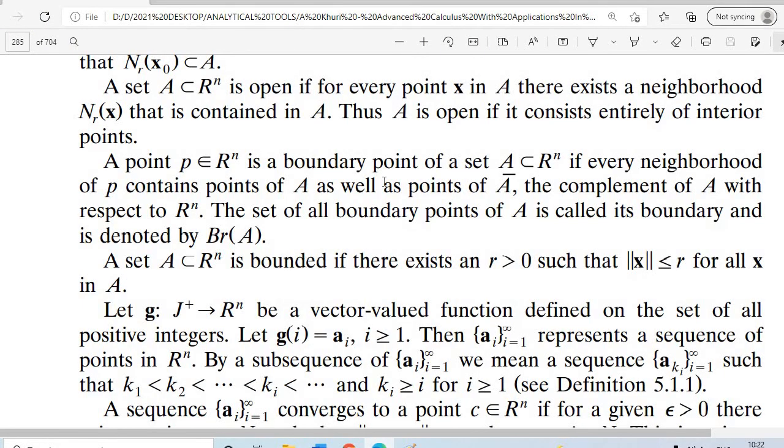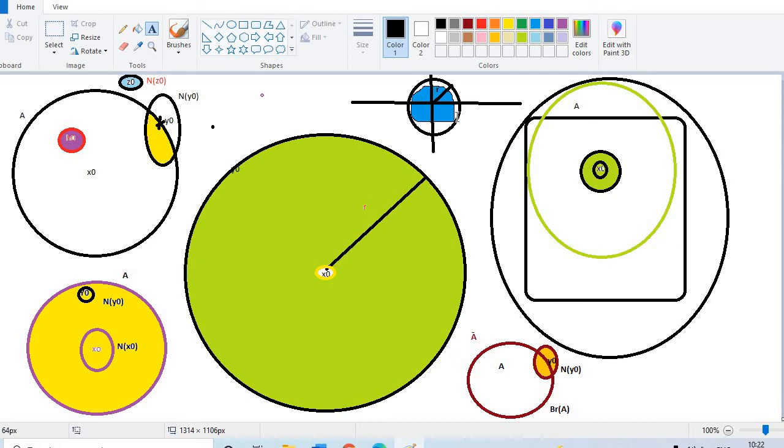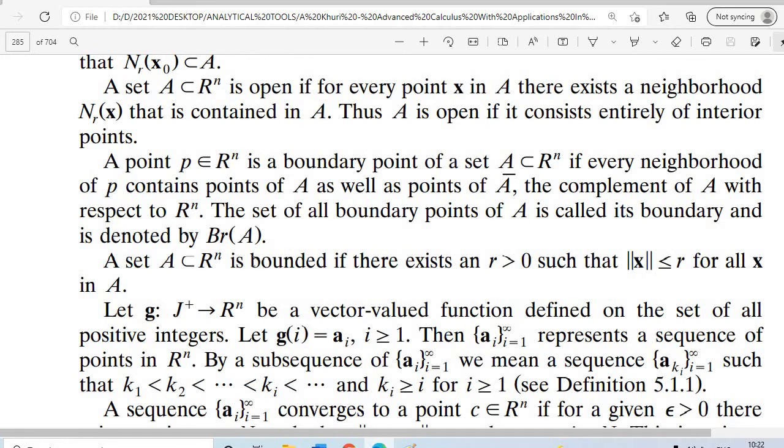So you can see in this figure, this is bounded by this R value. X values are inside this circle. Okay. So a set A is bounded if there exists an R such that norm of x, that is distance of x, is less than or equal to R for all x in that A.